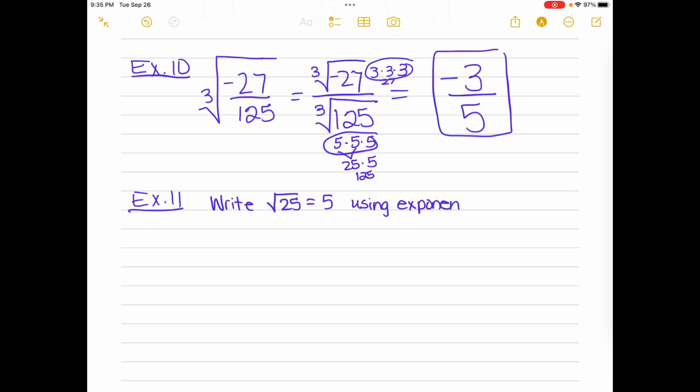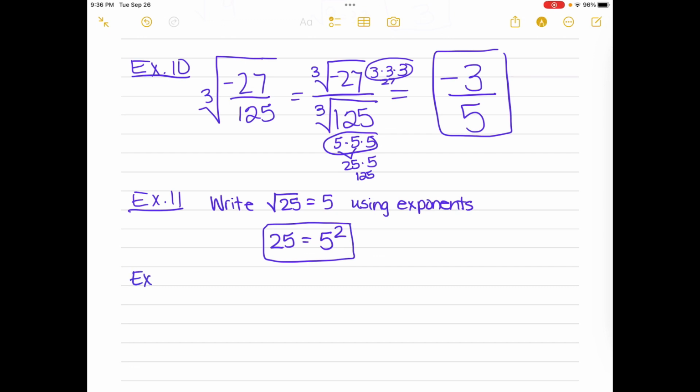They want you to rewrite with these numbers, 25 and 5, but put an exponent somewhere. So they took away the square root, and now I'm going to put an exponent. Could I put an exponent here and that be true? No. But if I put one here, would that be true? Yes. So this is what they want you to do, rewrite the problem with exponents.